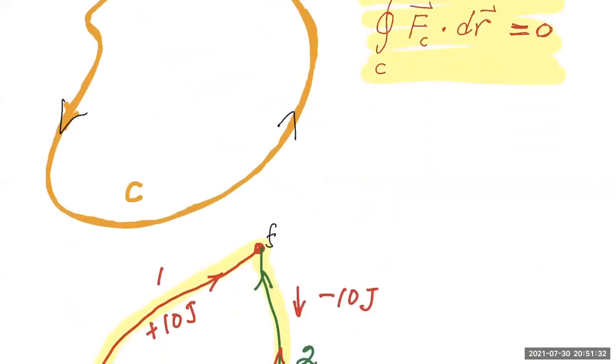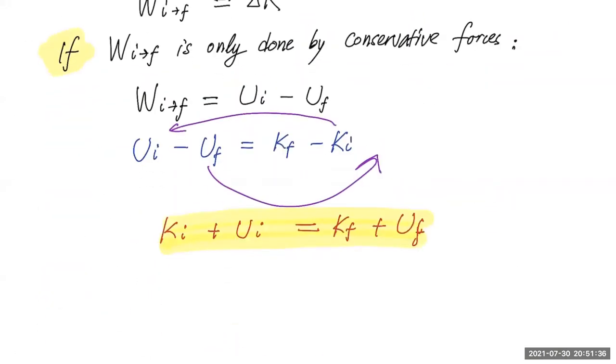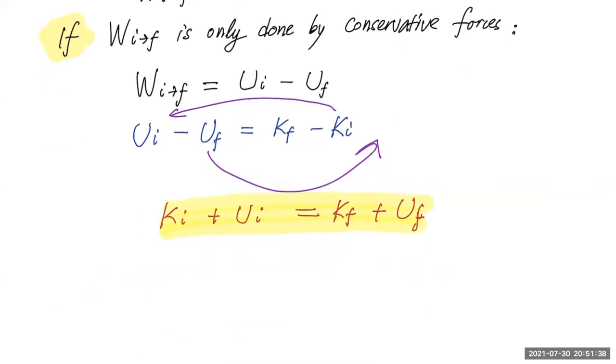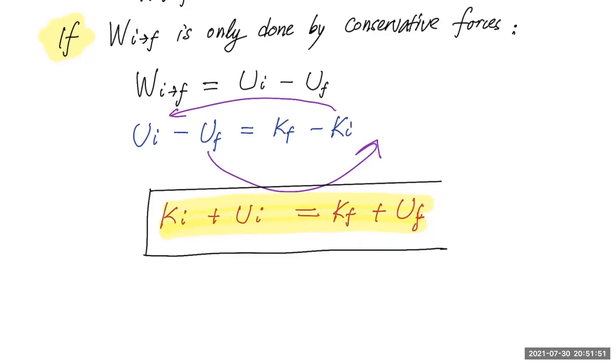So this is the reason why we introduced this new form of energy, the so-called potential energy. We can now sum up K and U, we get this quantity, which does not change as you go from initial to final.